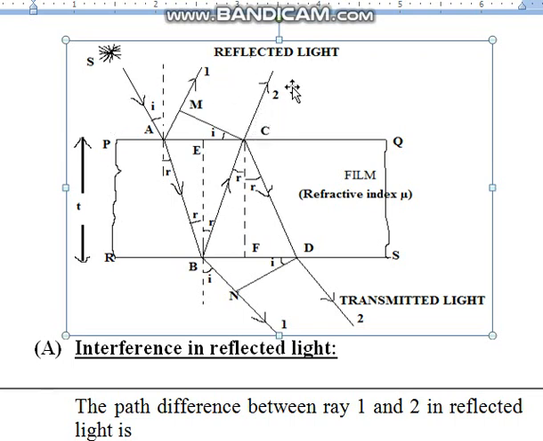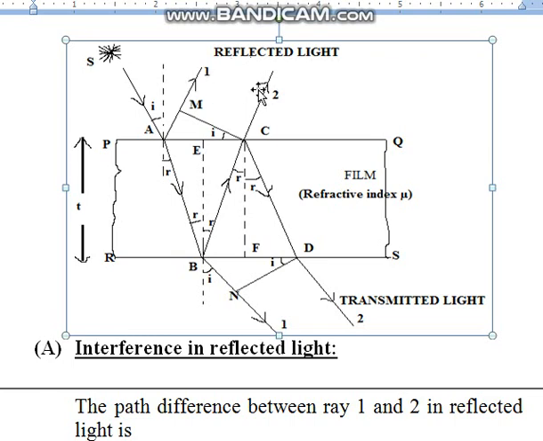Outside the medium is air, and in this way we obtain two rays, ray 1 and ray 2, in the reflected light. As we discussed in the earlier video lesson, they fulfill all the conditions of interference, so they can interfere with each other, and we can obtain the linear interference pattern of bright and dark fringes.